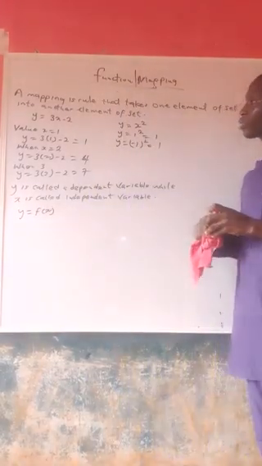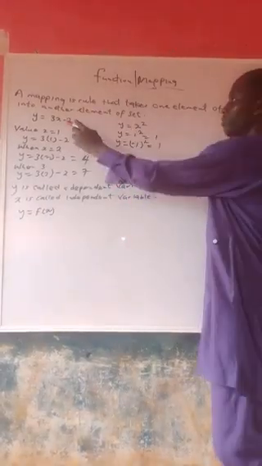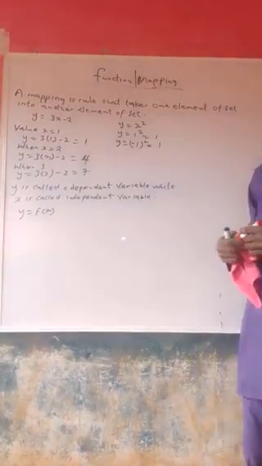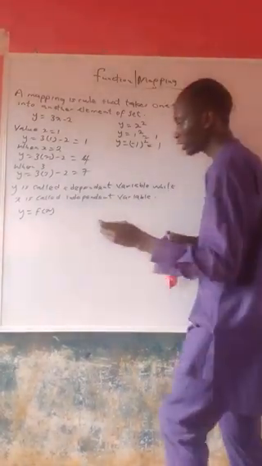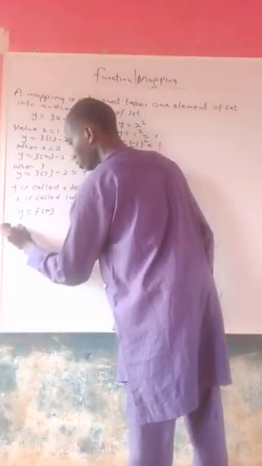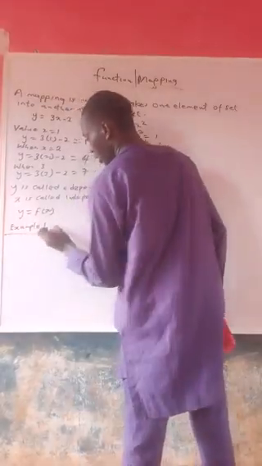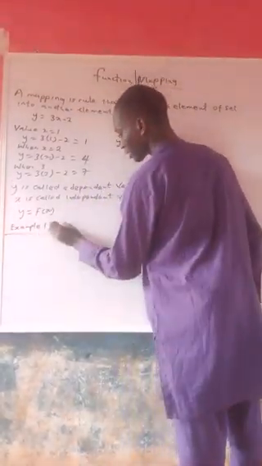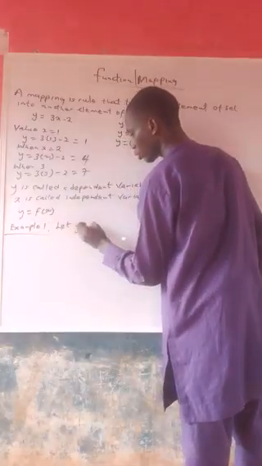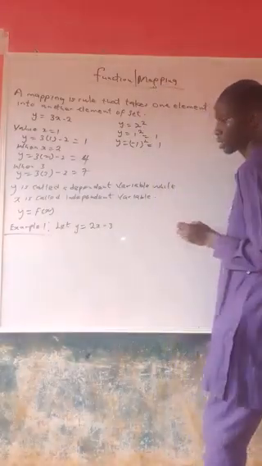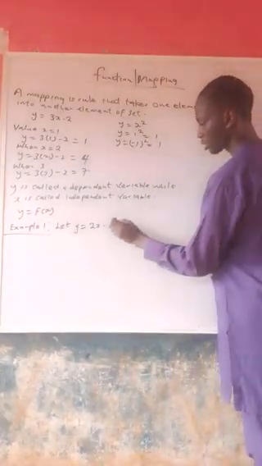I told you in this illustration that the value of x, we call it input. So when I say y equals f of x, this is what I'm trying to say. Let's move to example 1. In example 1, let y equal 2x minus 3.